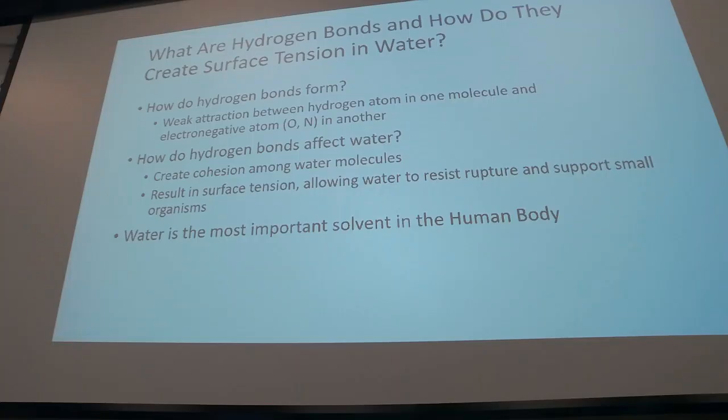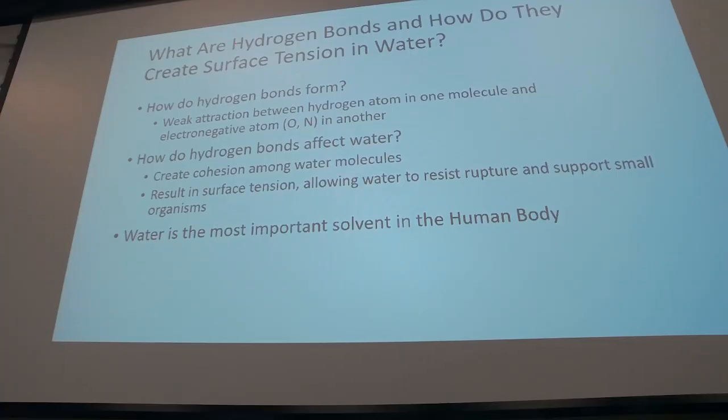And that can create a bridge. And this bridge will form cohesion. Cohesion is basically a property where molecules can come close together. And that will increase the surface tension, and this will prevent the water from rupturing the bonds.